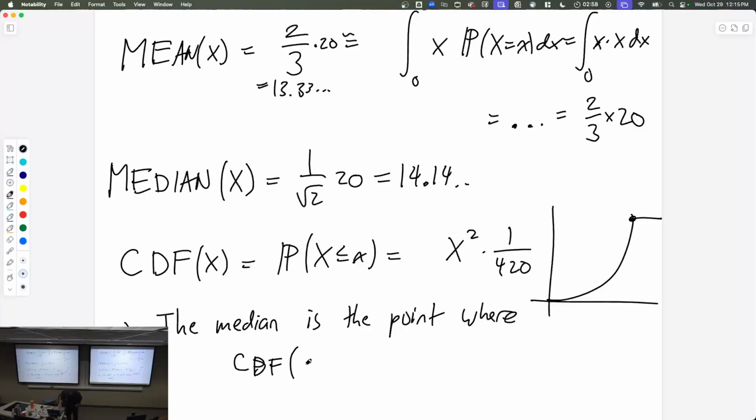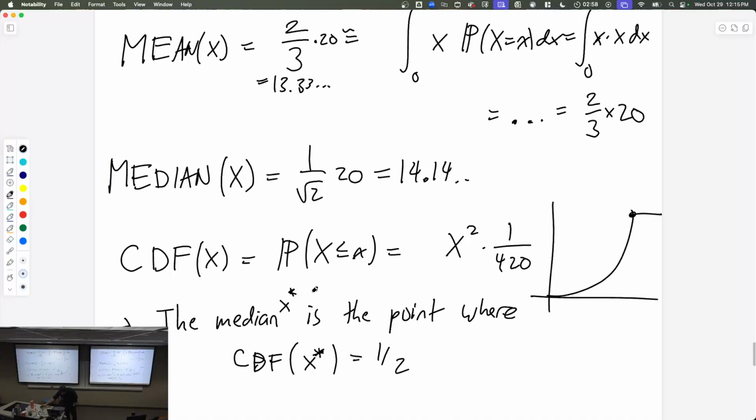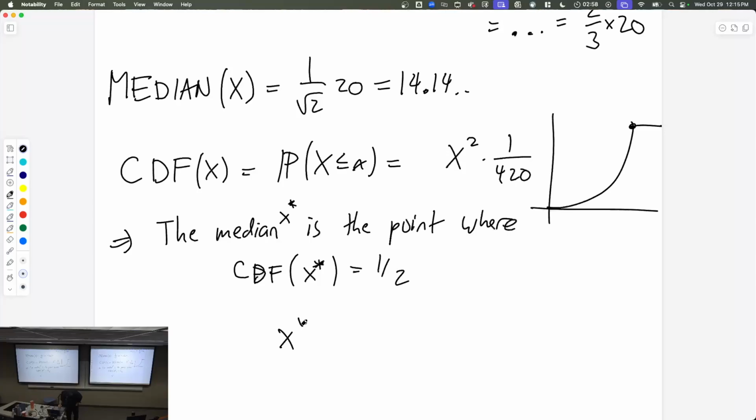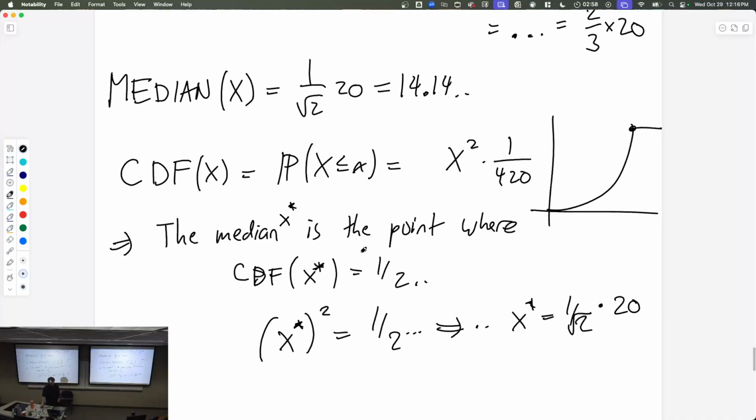The CDF of x star equals 1/2. The median x star is this point. And so you solve, you're going to get an equation like x star squared equals 1/2, and therefore x star equals 1/2. Again, I'm leaving out the 1 over square root of 2. I'm leaving out the 20s. So there are some steps missing, but that's essentially where it comes from.